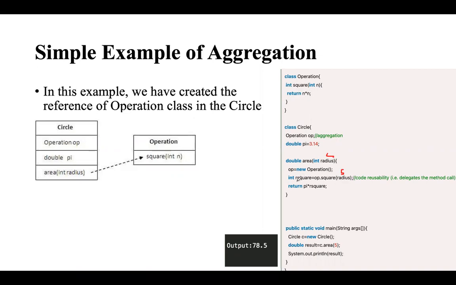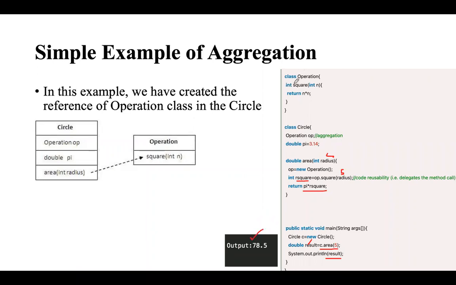That 25 will be copied here into this r square. Then you multiply the 25 with the value of pi, 3.14, and you get 78 point something. That will go into this result variable, which will be printed, and we can see the output here as 78.5.